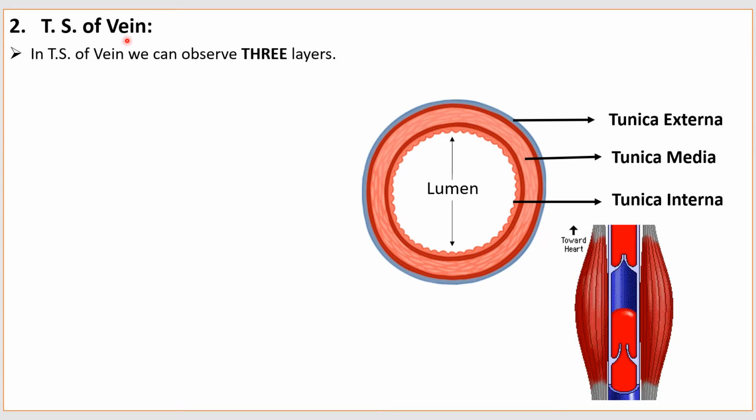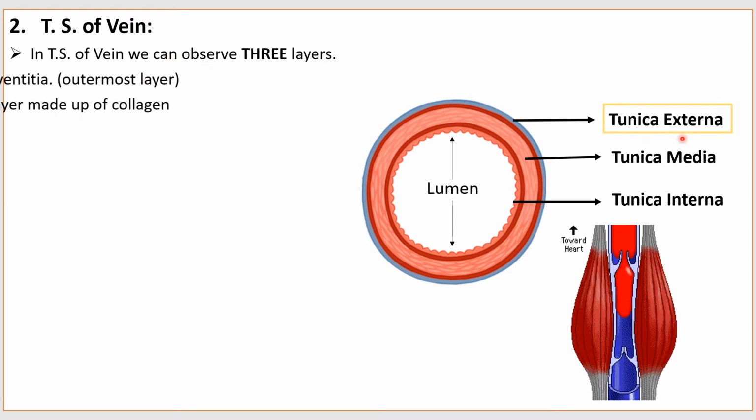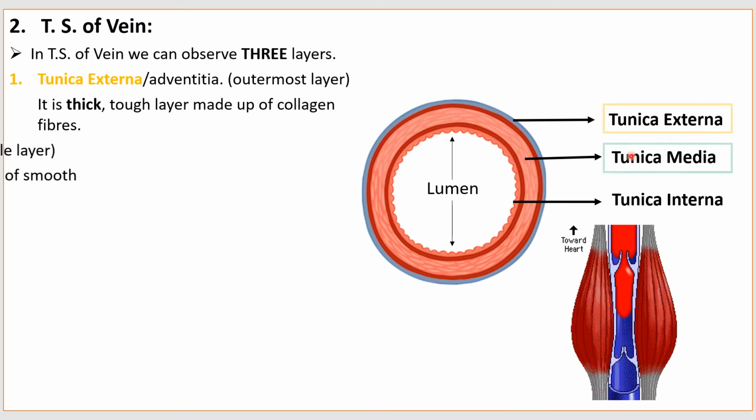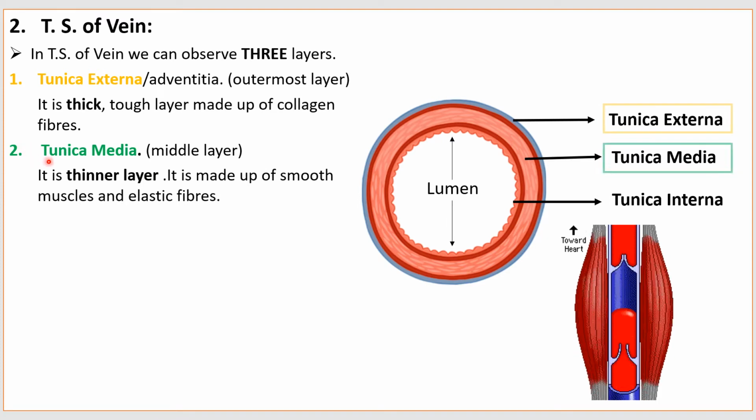Transverse section of vein or tiers of vein. In tiers of vein, we can observe three layers. Tunica externa, that is the outermost layer, which is a thick, tough layer made up of collagen fibers, just like the artery. The second layer, that is the middle layer, tunica media, is a thinner layer.